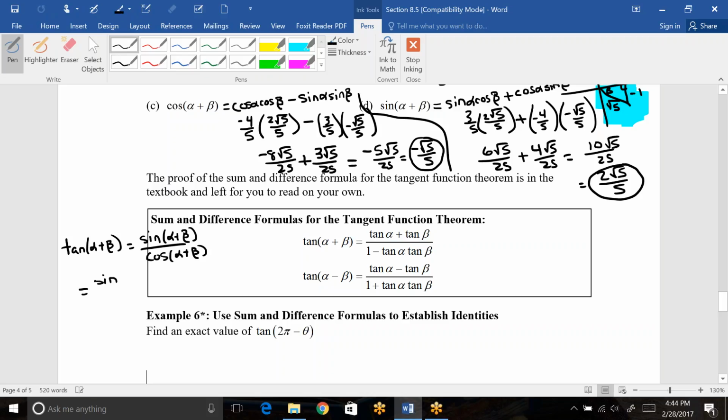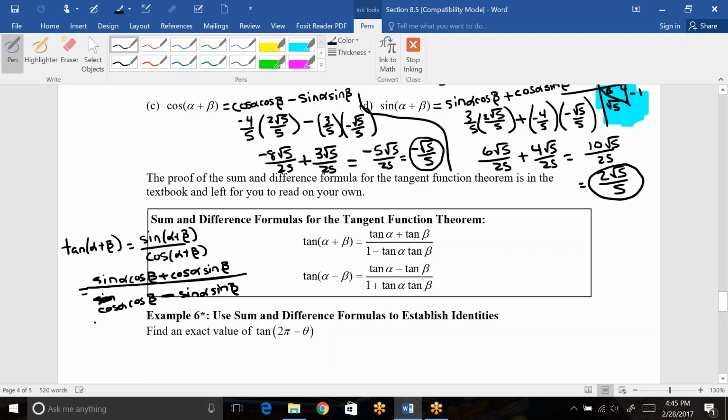So this would be sine alpha cosine beta plus cosine alpha sine beta over cosine alpha cosine beta minus sine alpha sine beta.